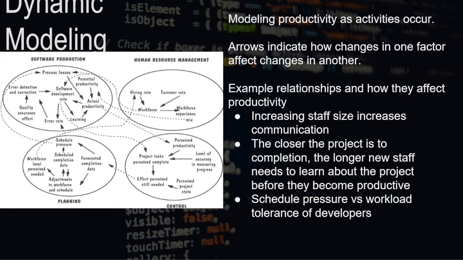Or if you're planning to bring on more hires, the closer the product is to completion, the longer the new staff needs to learn about the project before they become productive and contribute towards the project. Another one would be how schedule pressure versus workload tolerance of the developers can hinder the productivity of the individual.